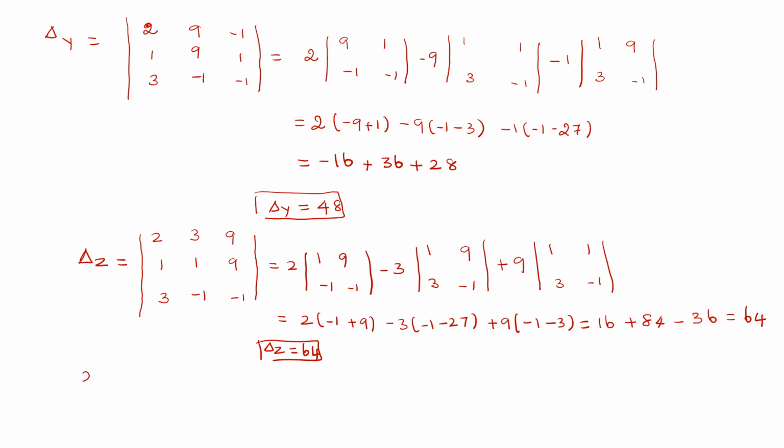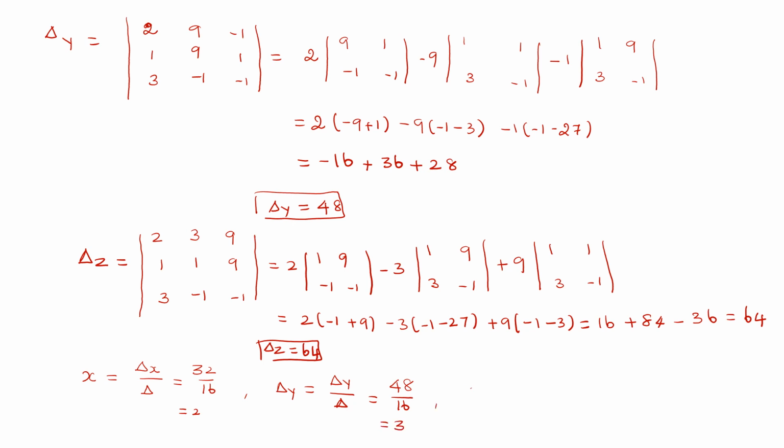Once again, we substitute the values in the formula. So x equals the determinant of delta x divided by the determinant of delta, which is 32 divided by 16, so you get 2. Similarly, y equals delta y divided by delta, so you get 48 divided by 16, which is 3.